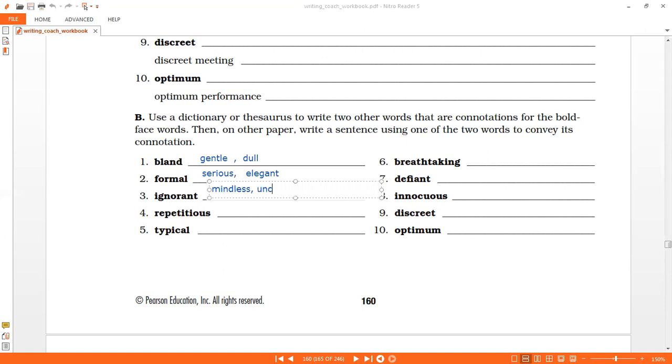You can say uncultured is the right word. Repetitious: monotonous and echoic.